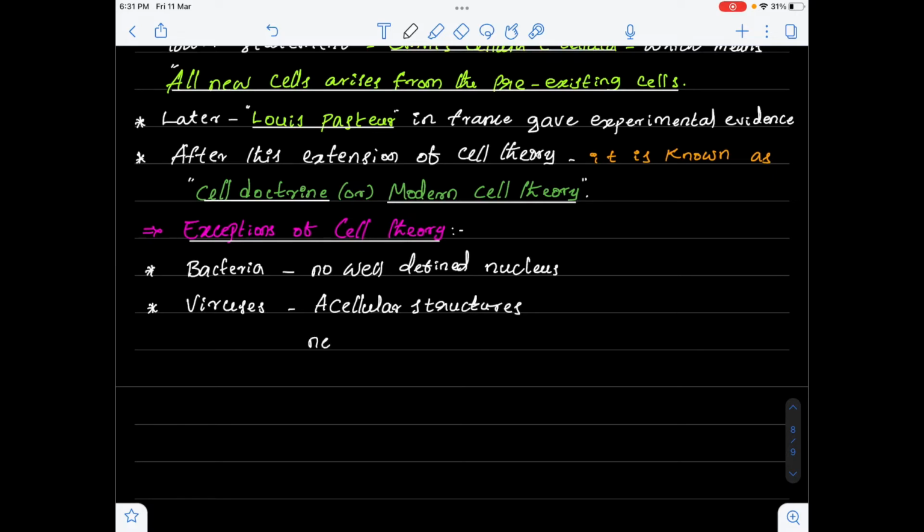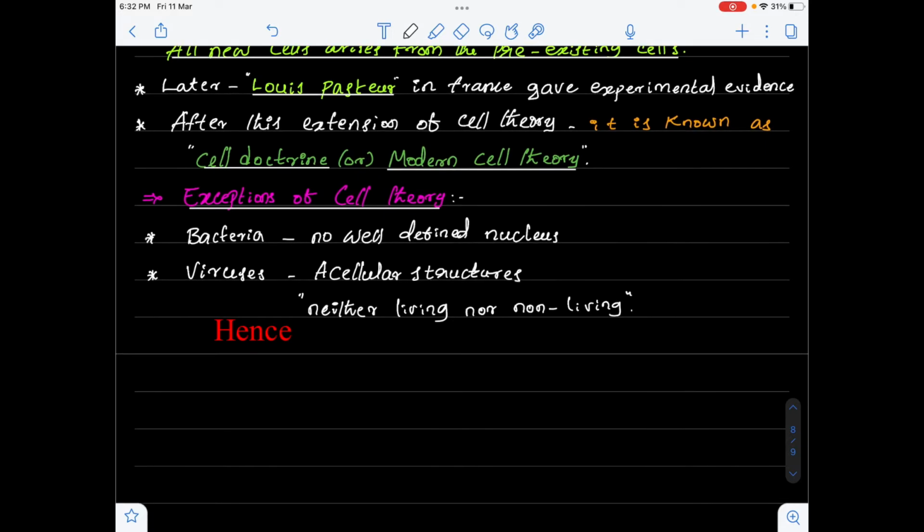And we know that they are called neither living nor non-living. They act as living things only inside the host body. They are also called obligatory parasites. And here they show the characteristic features of both living and non-living.